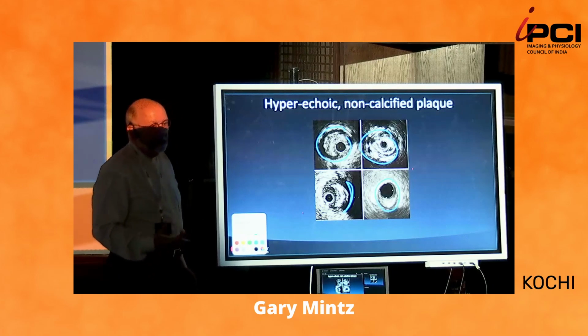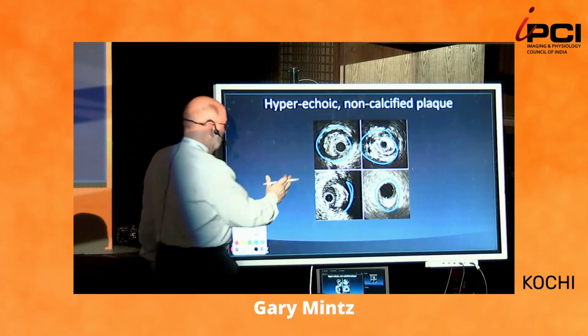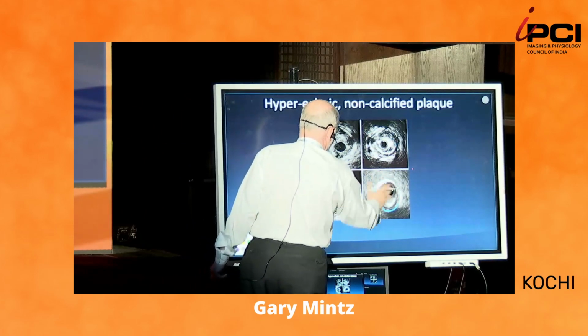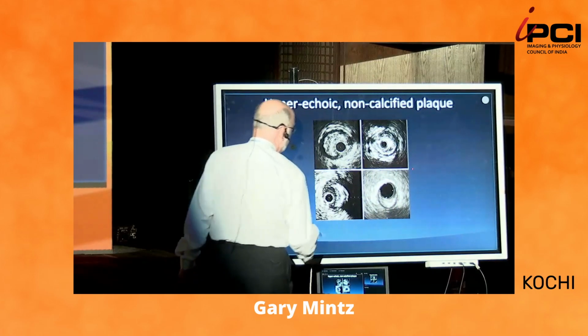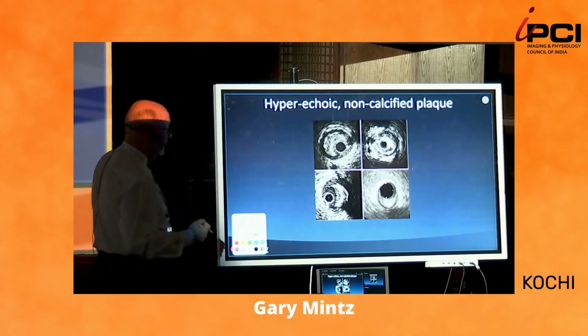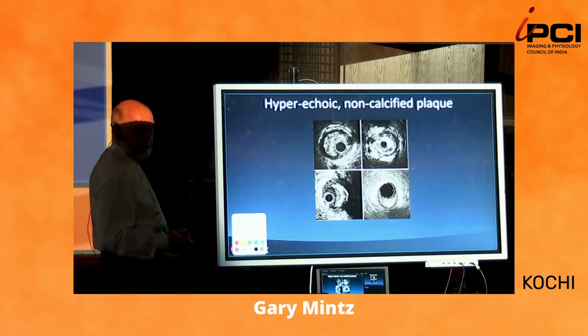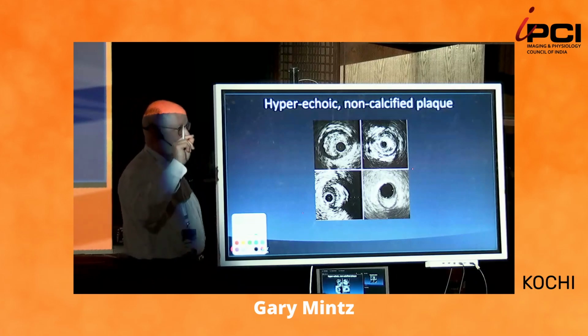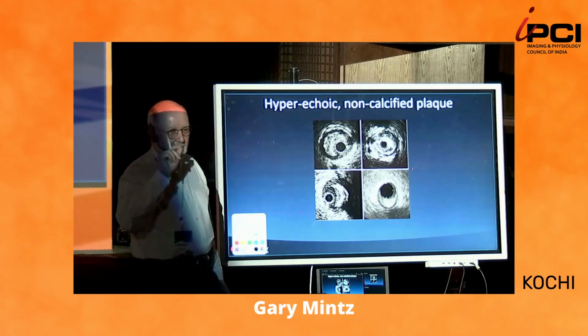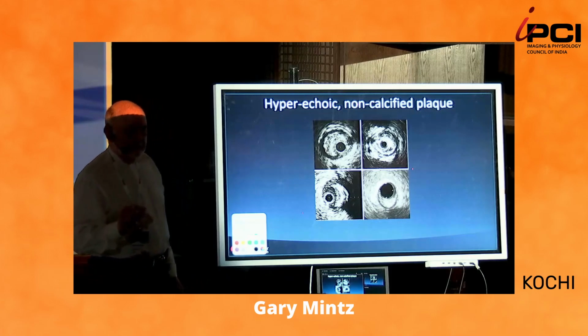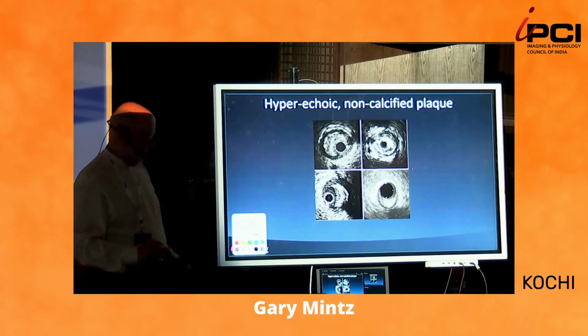It doesn't correlate one-to-one with anything. So that's why I am very careful, and I call this hyperechoic plaque. I don't try to assign any tissue type. I do not assign plaque composition other than calcium or attenuated plaque. Now you can do that, but I won't.